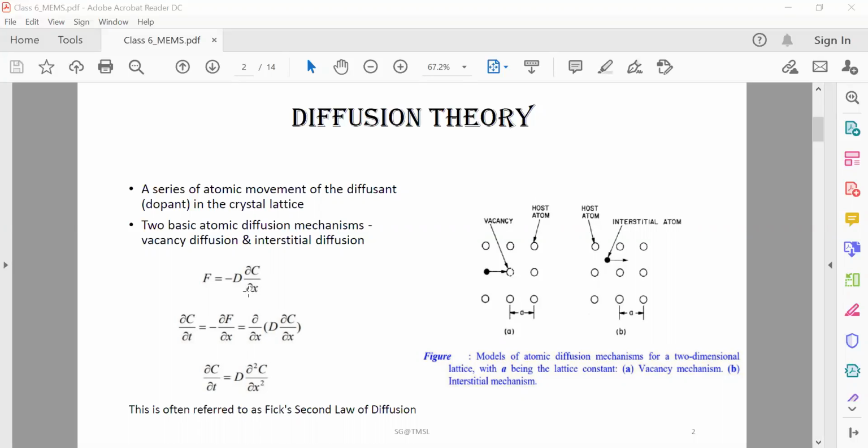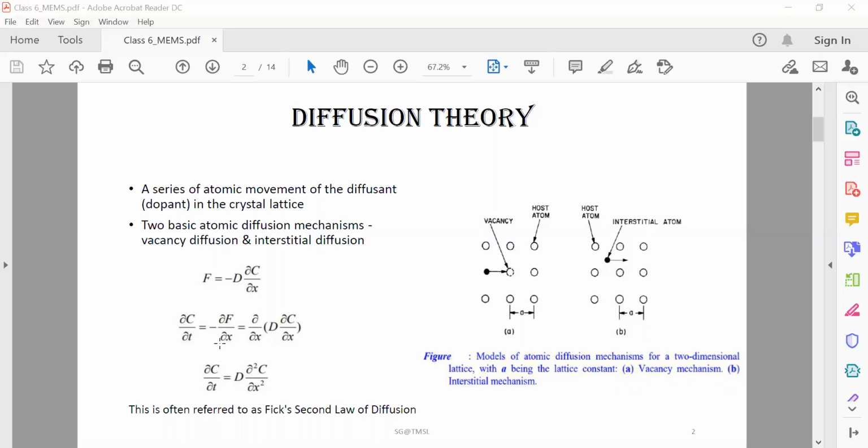According to the law of conservation of matter, the change of the dopant concentration with time must be equivalent to the local decrease of the diffusion flux in the absence of a source or a sink, and thus we can write this equation.